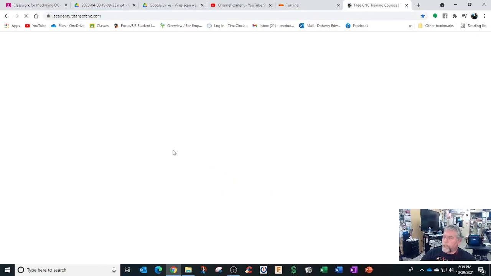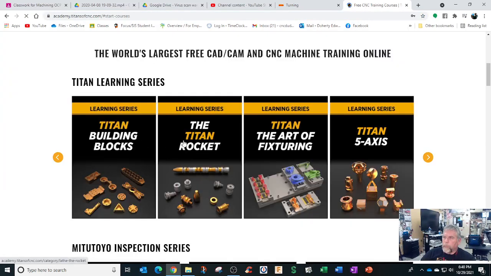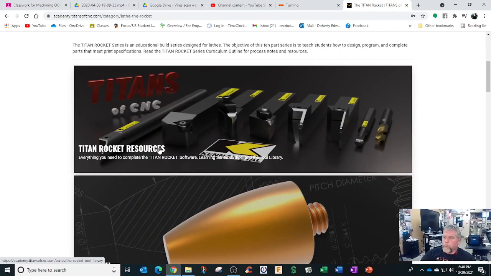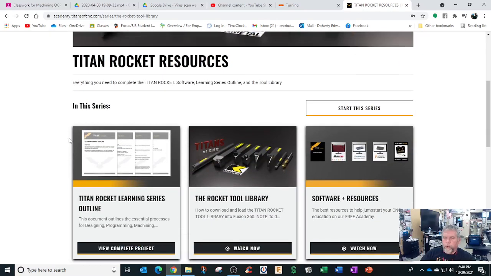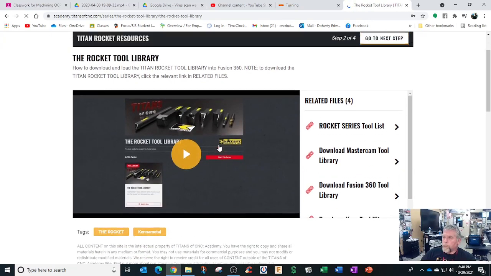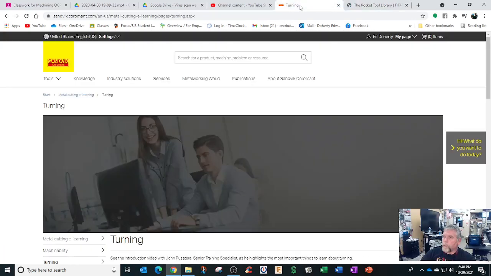Of course, if we're in the Titan building blocks and you're in the Titan rocket section, get our Kennametal tools. I actually tried to find some e-learning on the Kennametal tool side, but there's a lot of good stuff in here. You get the Rocket Tool Library, and we use Kennametal in our school, so we use a lot of the Kennametal tools as much as we can.